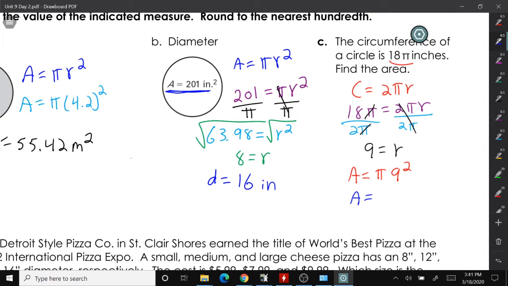So when I type that into the calculator, I get 254.47 square inches, because we're talking about area. So it's very important that you look at what you are given and what you are then asked to find.